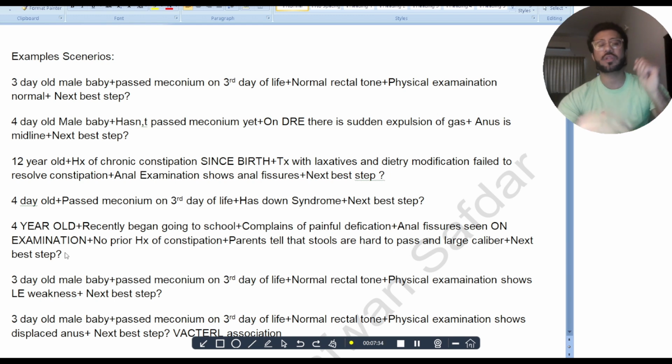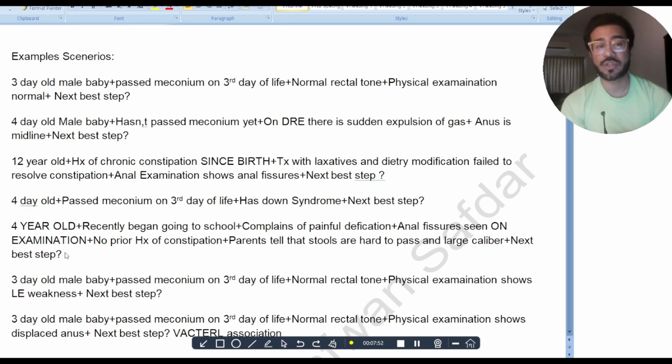Next best step. So this sounds like a functional constipation since the patient was fine initially, but when he started going to the school, he developed constipation, and most likely this happens due to stool withholding behavior when a child changes his environment.